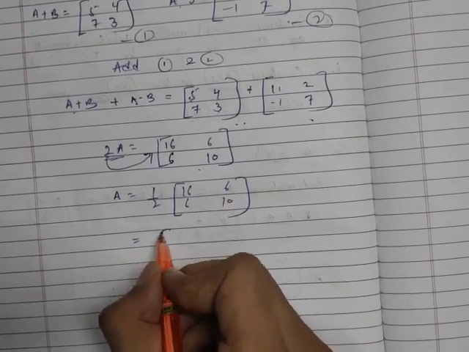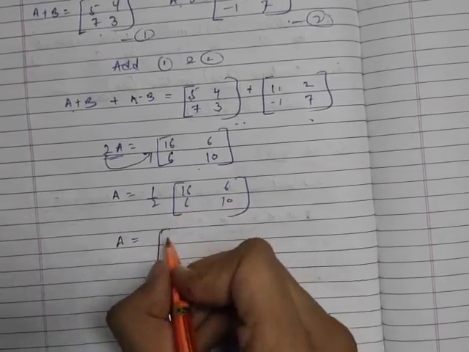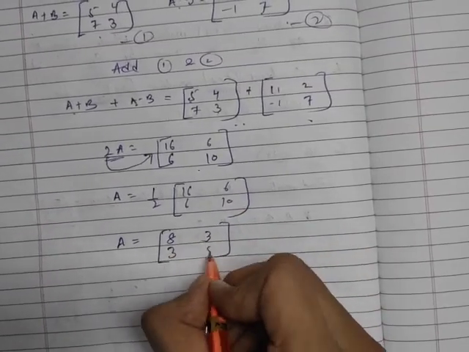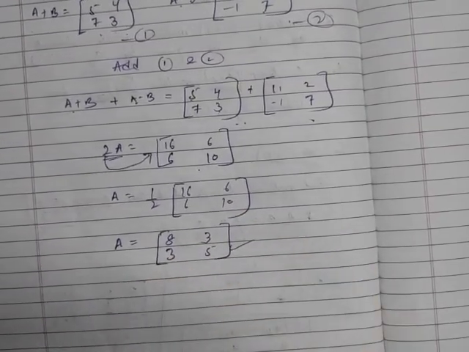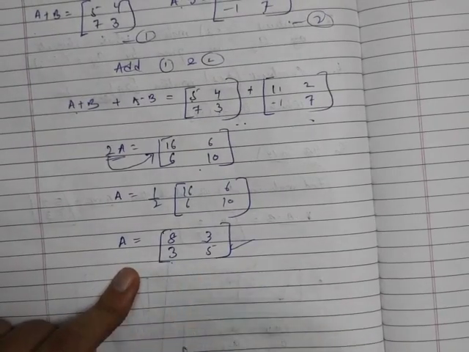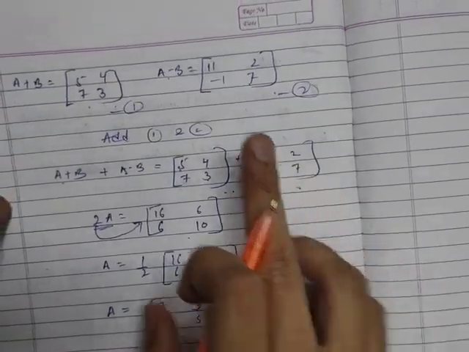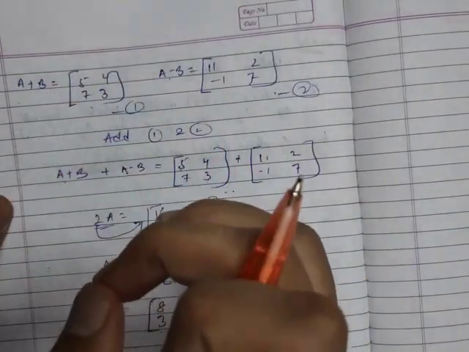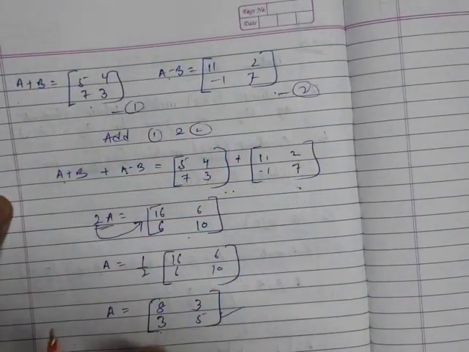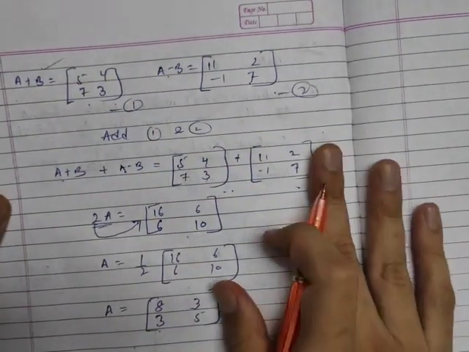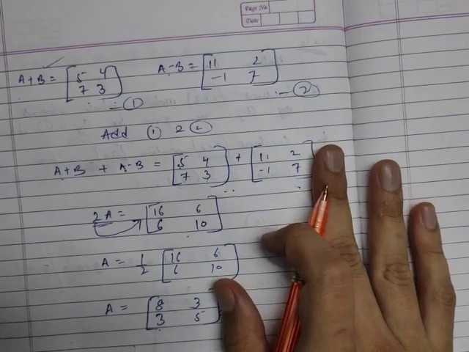So my result of A comes to be 8, 3, 3, 5. I'm done with the answer of A. Once I got the A matrix, I'll substitute this value in any of the equations, for example this or this, and I get the answer of the matrix B. I hope it's clear. Nice.